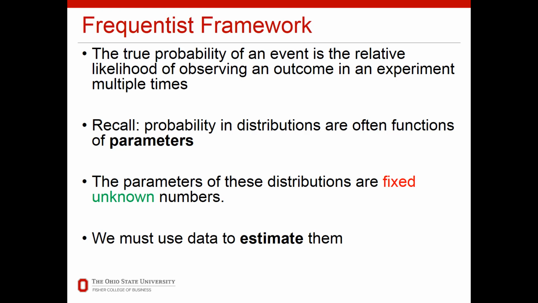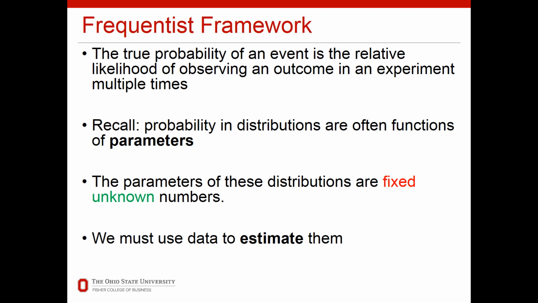In other words, if I want to know the probability of success in this endeavor, I could simulate it or reproduce it many times and look at the proportion of successes to the total number of attempts.